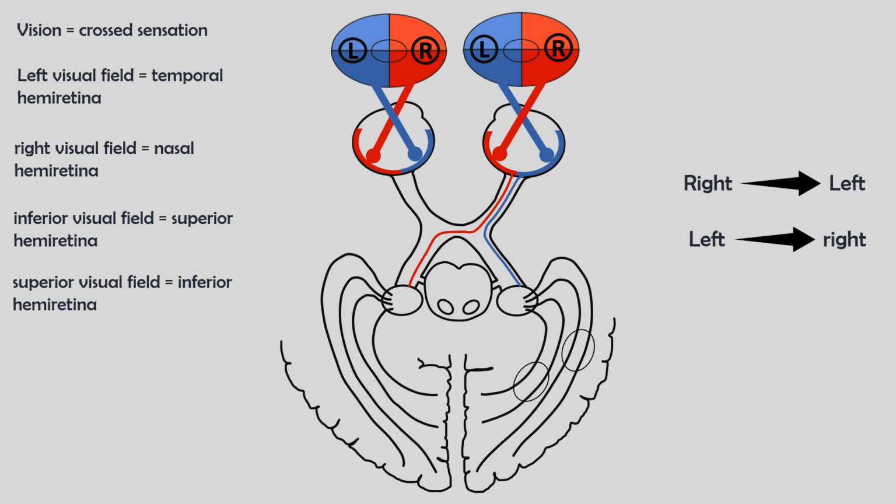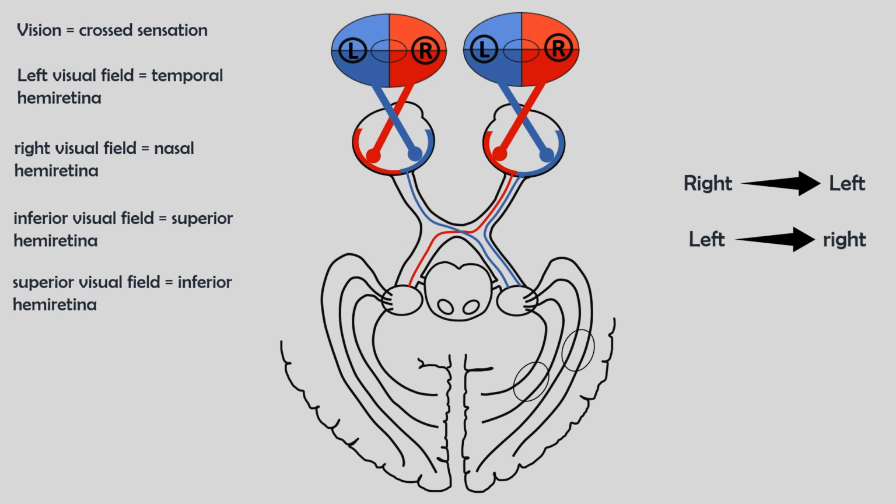The same happens in the left eye. The nasal hemiretina receives the visual field from the left, and anything that comes from the left goes to the right. It means it has to cross over, so it will come down, but instead of going on the same side, it crosses over to become contralateral and moves backwards on the opposite side.